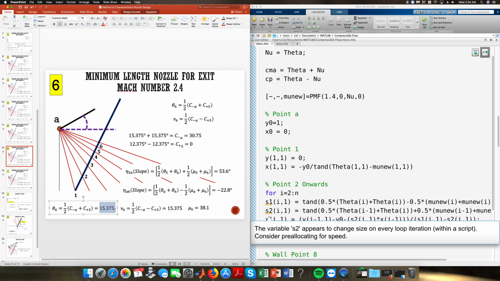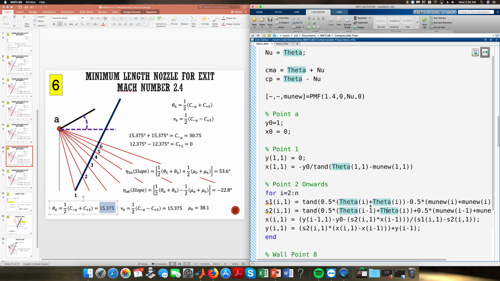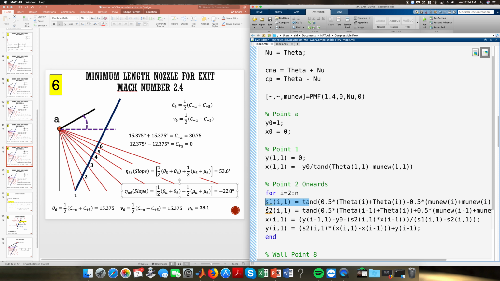So when I put this in a loop, I'm going to state theta I plus theta I minus mu I plus mu I, right? That makes sense. And then we put it in the tan d so that you can get the actual slope. Now, by this line in the code, I found the slope of all these lines coming down.